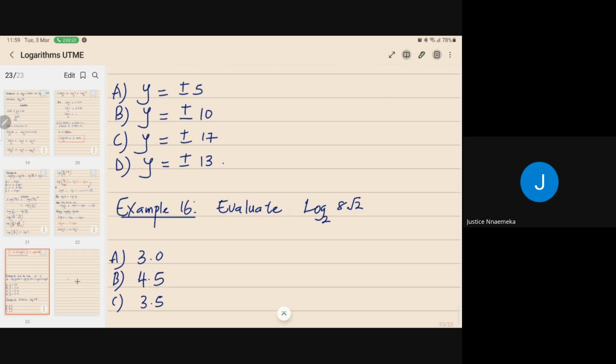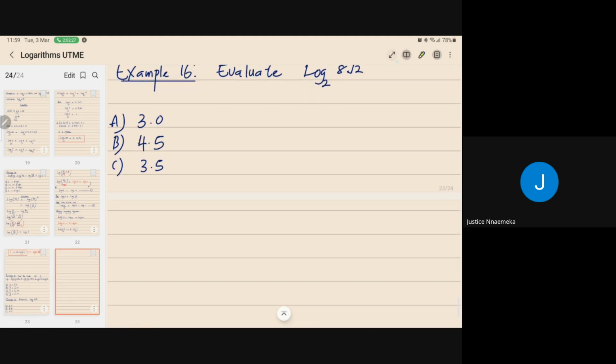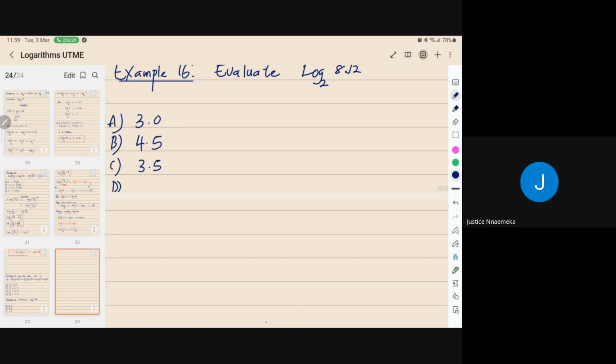And option D, you have 2.5. So go ahead, solve that question. Get your hands dirty as much as you can. Okay, I want to include another one. That's example 17. So 3 questions for you to try out on your own.